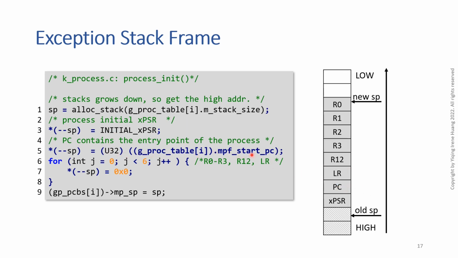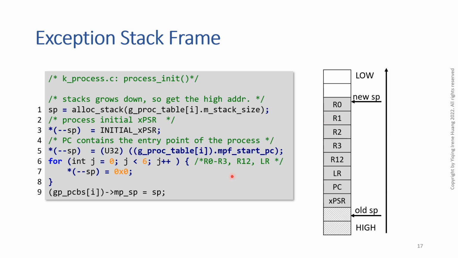So we put the entry point at the PC position; you can see from the initialization table record, we got the entry point. For the rest of the registers, we just put zeros because it doesn't really matter. We never ran this process before, so 0 should be fine. Finally, we set the stack pointer to point to the new location.